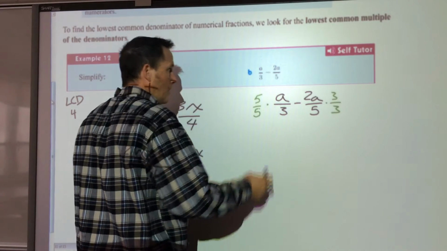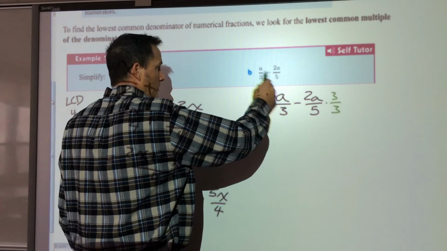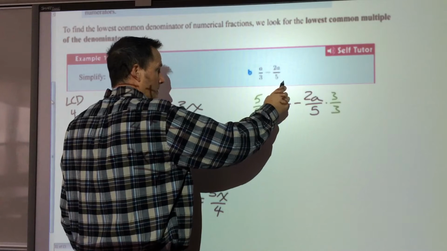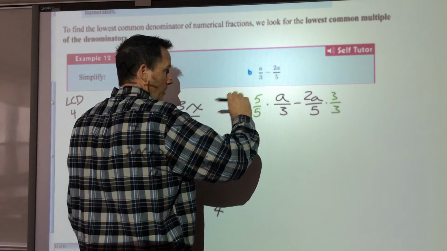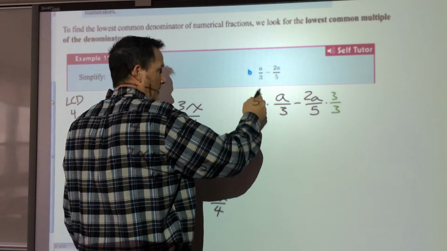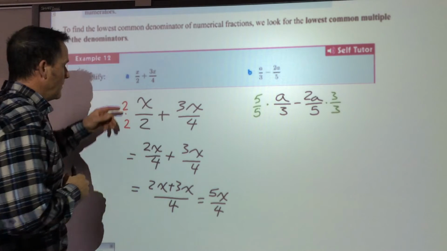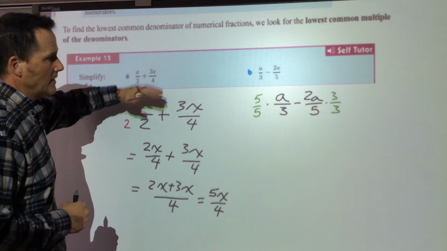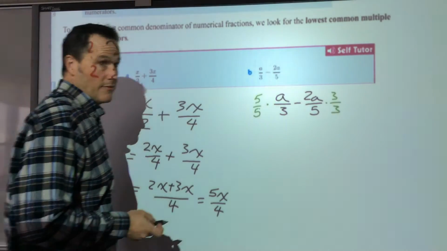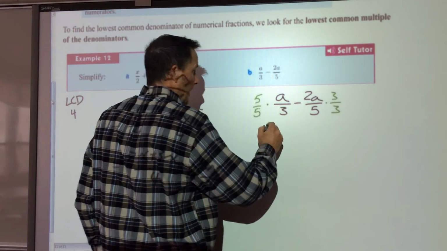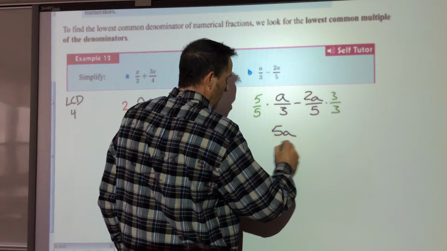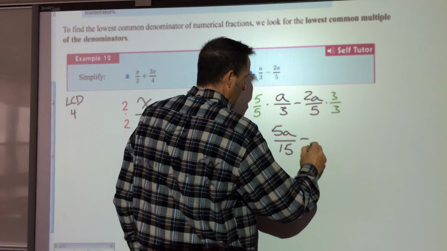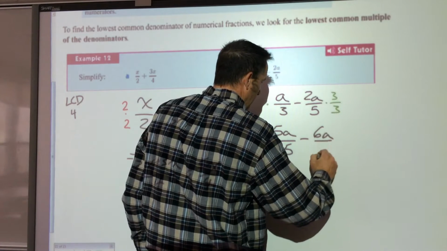Now, you can always choose to multiply both fractions by the denominator or the opposite. So back here, I could have multiplied by 4 over 4, or multiplied by 2 over 2. But in the end, I still would end up having to simplify my fraction. But now we have 5a over 15 minus 6a over 15.